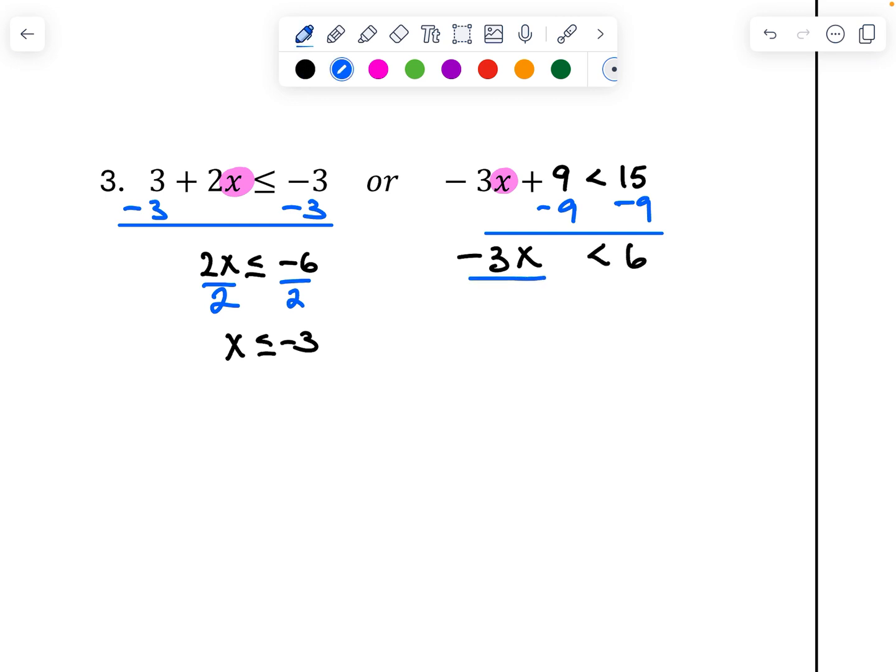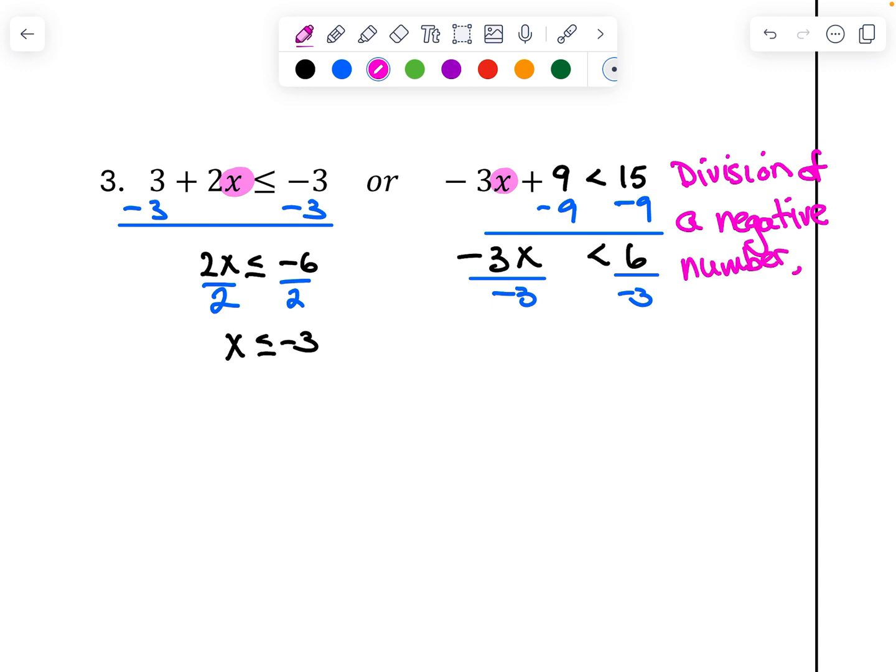Then I'm going to divide by negative 3. But division of a negative number turns the inequality.